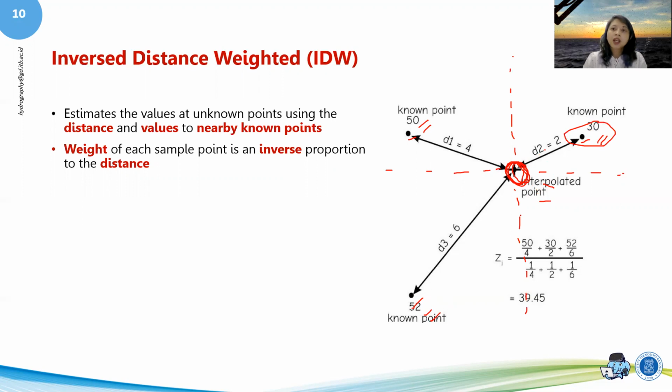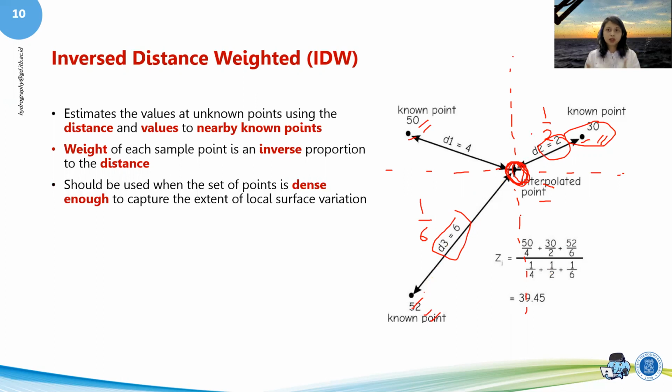So the 30 has a weight of, not 2, but 1/2, as you can see. And the distance between this and that is, for example, 6, so the weight is 1/6, because we want to trust the closest one more than the further one.